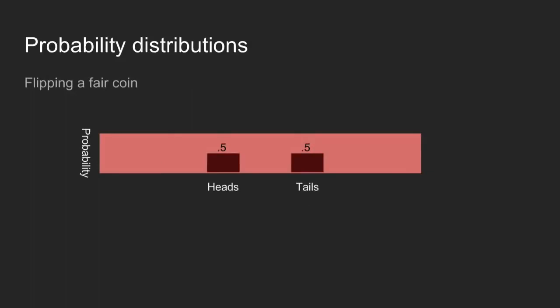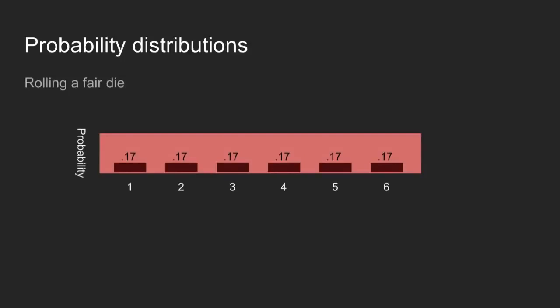So for instance, if I flip a coin and hide the result from you, you might half believe it's heads and half believe it's tails until I tell you what it is. If I roll a die and hide the result from you, you might believe about 1/6 that it's a 1 or a 2 or a 3 or 4 or 5 or 6 until I show you the result. So these are what you believe. Probabilities can represent what you believe about something before you measure it.